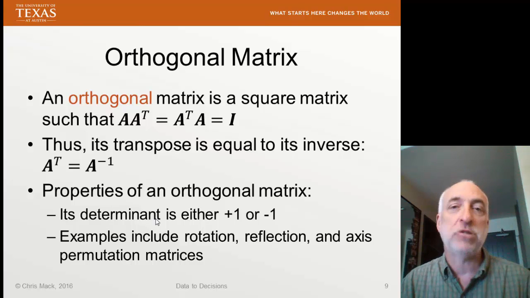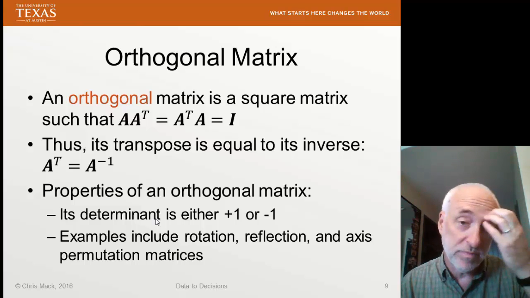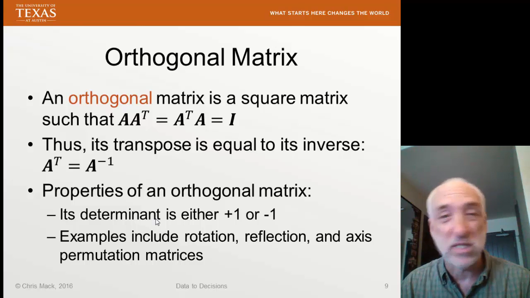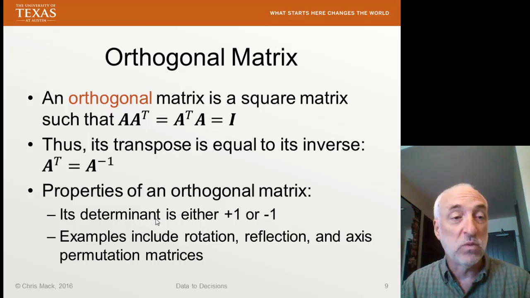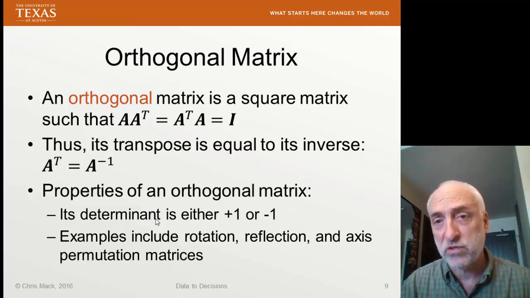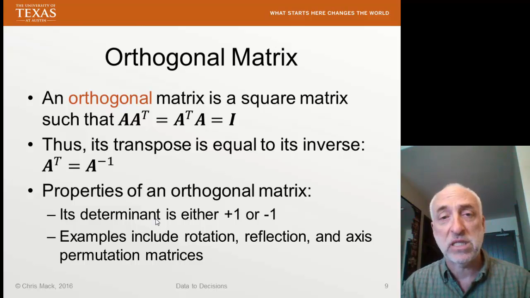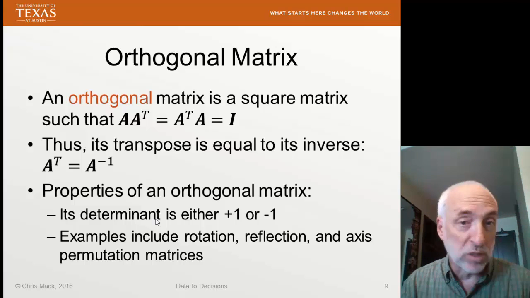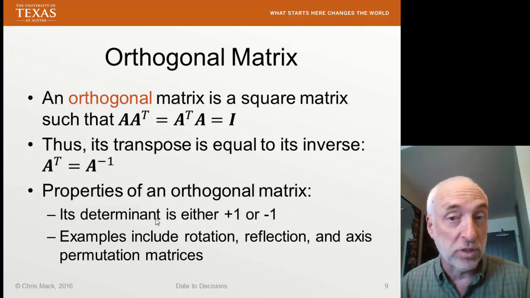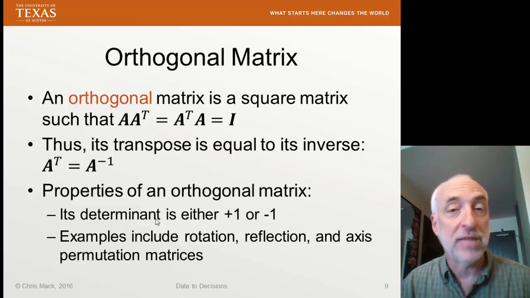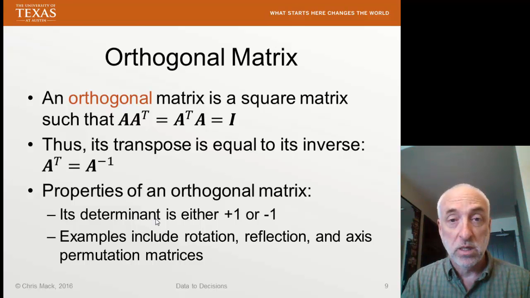And the final topic I'll mention, and this will show up, I think, in one place in the class. An orthogonal matrix is a square matrix such that when I multiply a matrix by its transpose, I get the identity matrix.